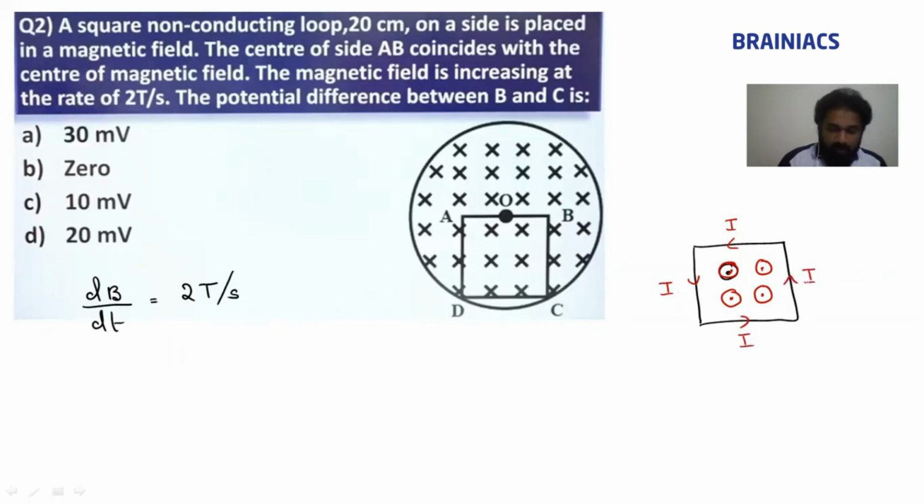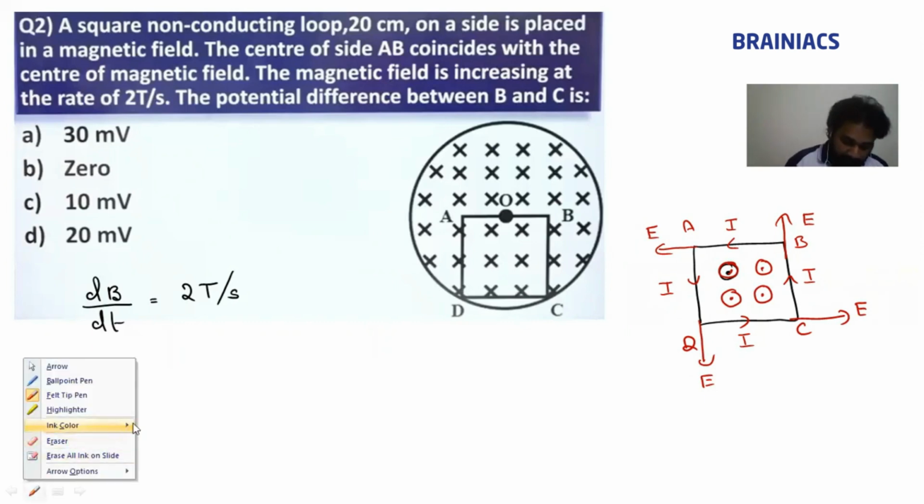Now, what will be the direction of electric field? Suppose this is D, C, B, A. For BA, the direction of electric field is this. For AD, the direction of electric field is this. For DC, the direction of electric field is this. Clear?